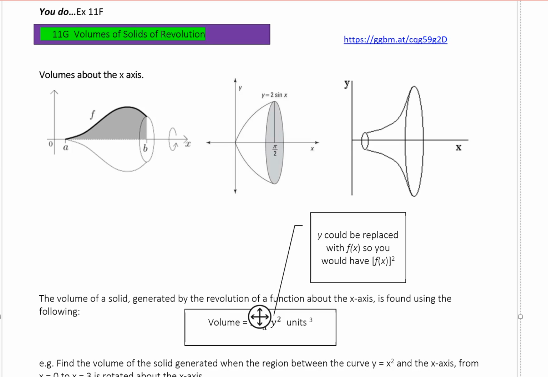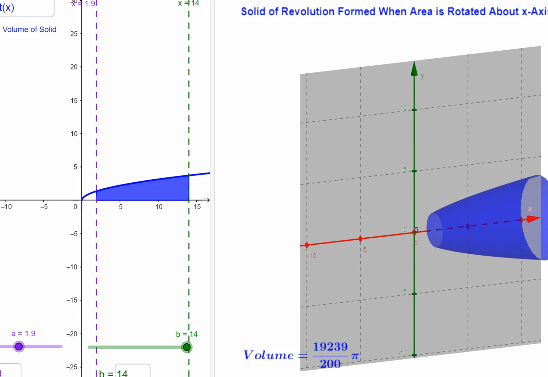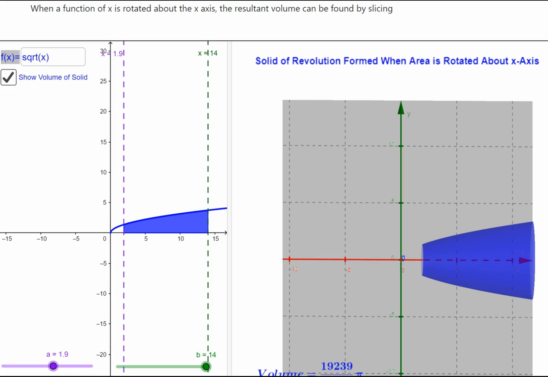If you take a look at this GeoGebra demonstration, I need to make it a little bit bigger, just a moment. I think that's better because I've made the actual frame bigger now. So what this section here is showing is if we draw, for example, the graph of the square root of x.